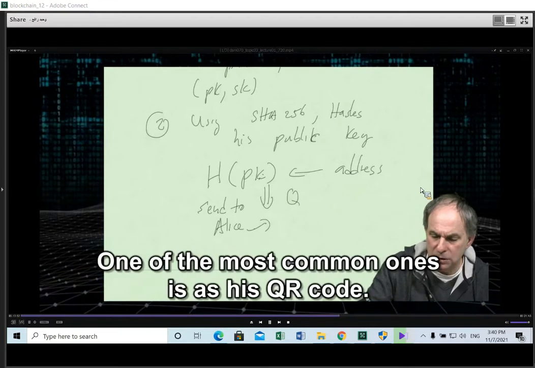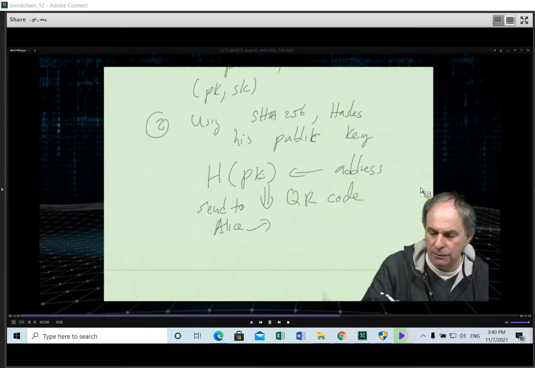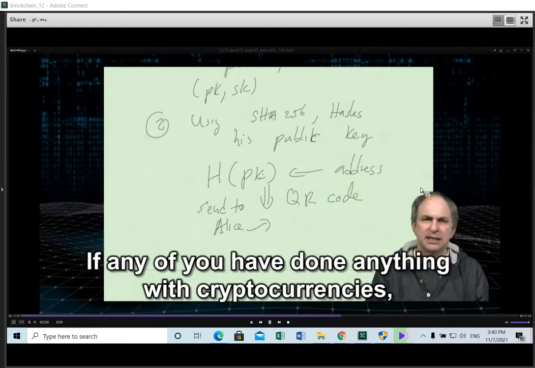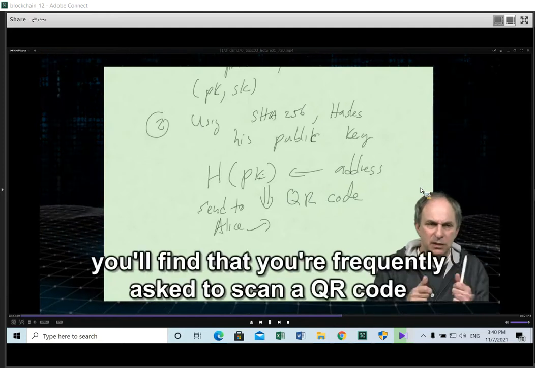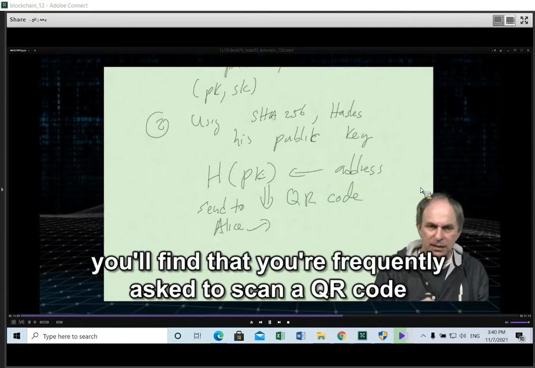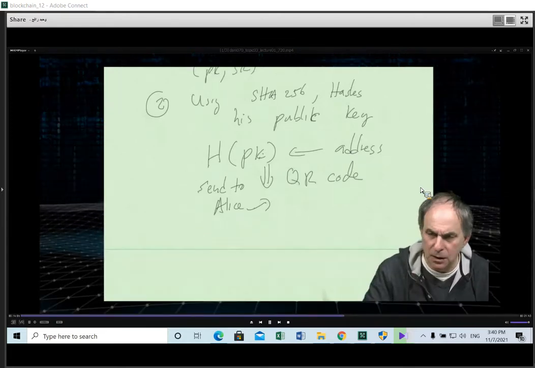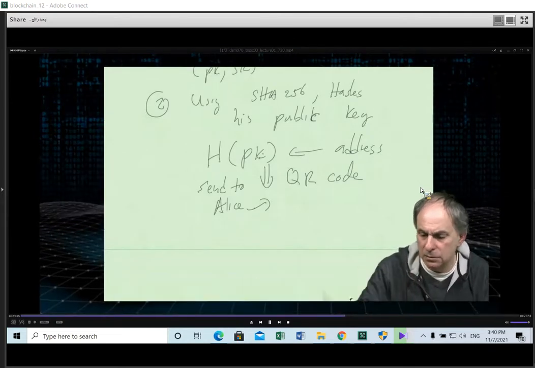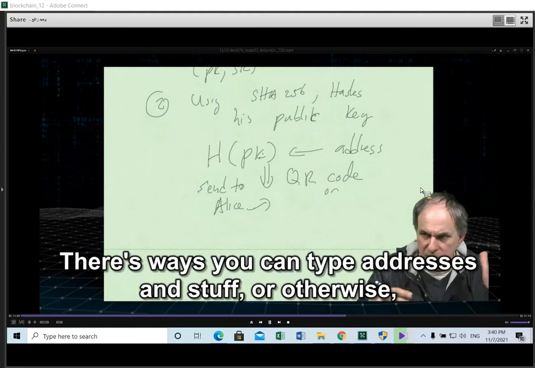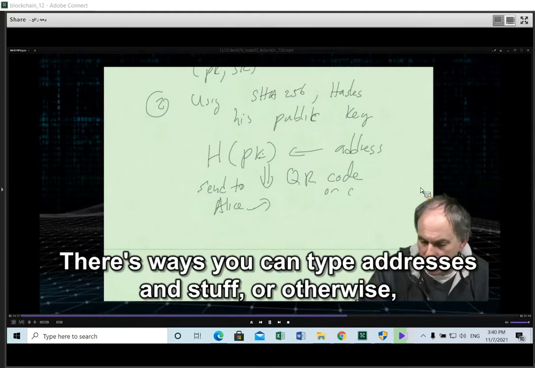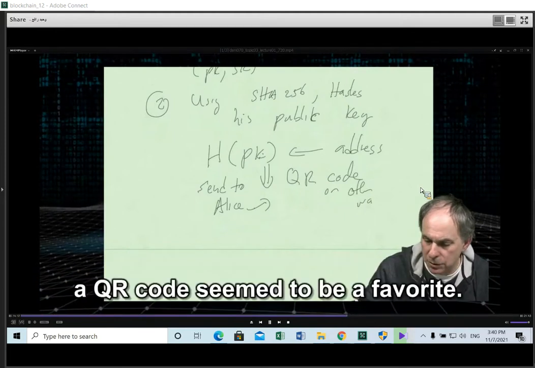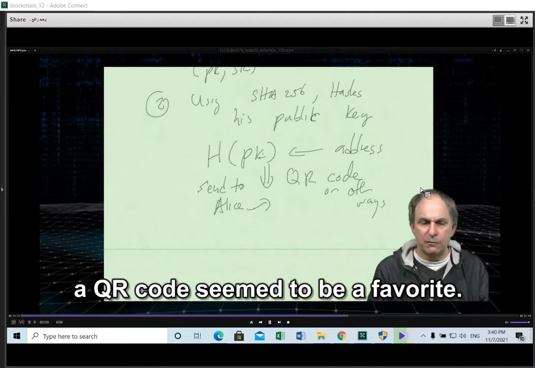One of the most common ones is as a QR code. So if any of you have done anything with cryptocurrencies, you'll find that you're frequently asked to scan a QR code to send money or something. Okay? So that's not the only way. There's ways you can type addresses and stuff, or other ways. But QR codes seem to be a favorite.